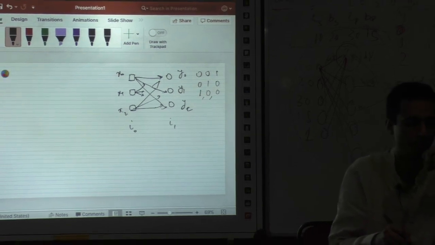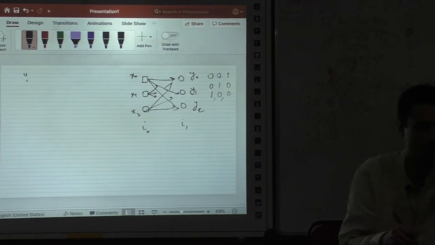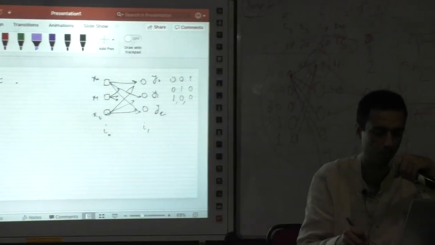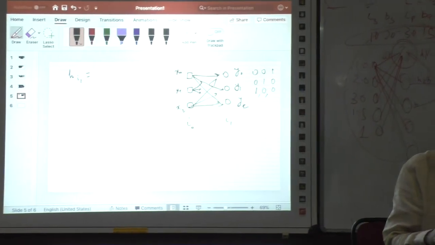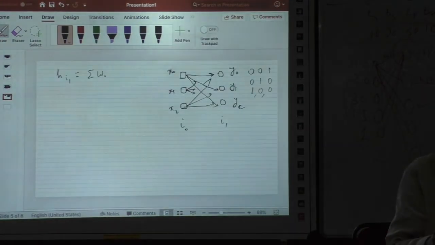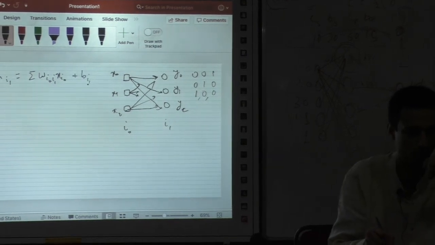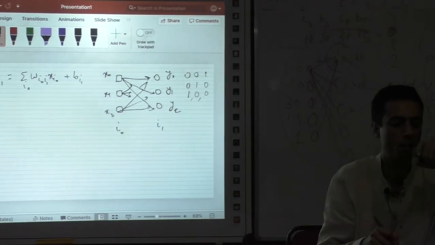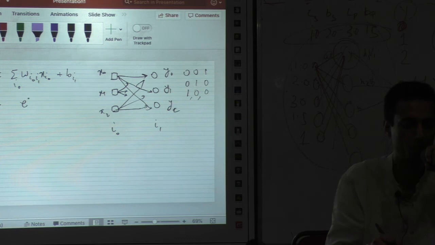So how I can define y is, I can say my y_i1 is equal to, let's first write the h_i1, which we have already written: summation of w_i0,i1 x_i0 plus b_i1, summation over i0, right? This was my h. I don't change this, but my y, earlier it was sigma of h_i1, but now I make it a softmax, e to the power.